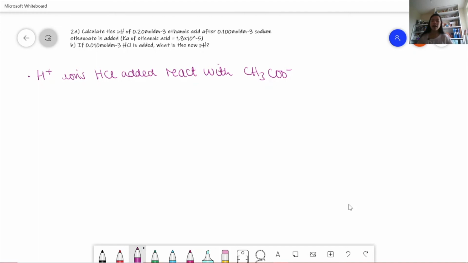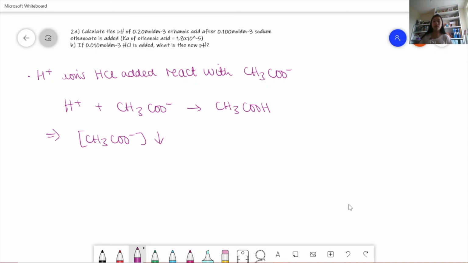And so what we get is H+ plus CH3COO- goes to form more of the undissociated acid, ethanoic acid. And so what we can see from this is that the concentration of this ethanoate will decrease because we're using it up to get rid of the H+ ions which have been added by the hydrochloric acid, and the concentration of ethanoic acid will increase because we're forming more of it.